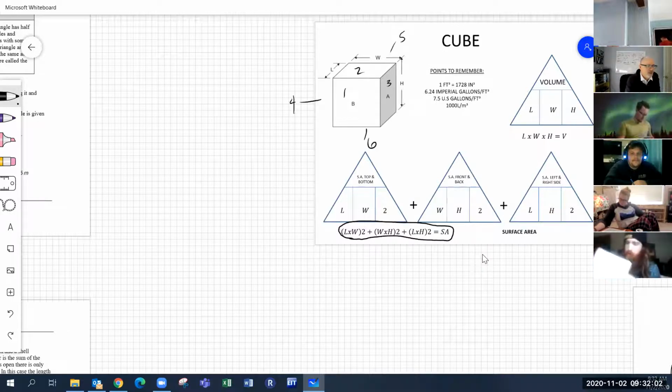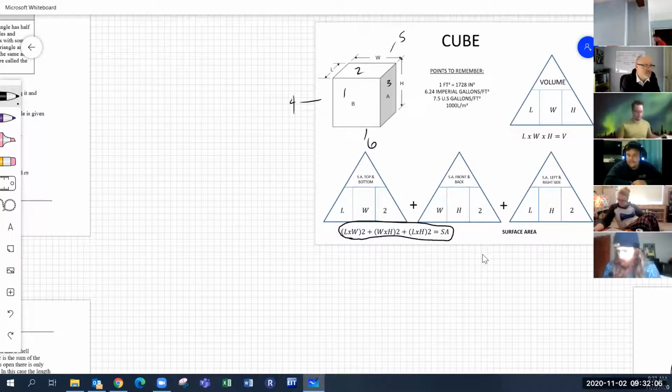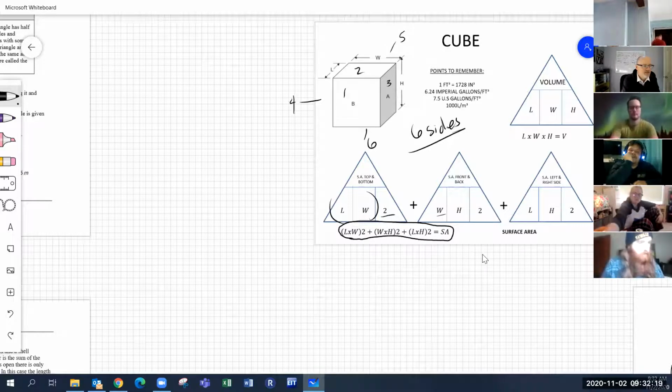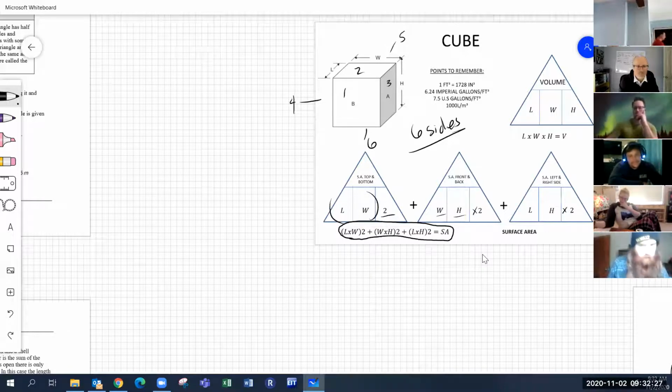On the bottom, there's six sides. So there's 6 sides to a cube, right? So hence we have the length times width times 2. There's width times height times 2, and length times height times 2, making 6 sides.